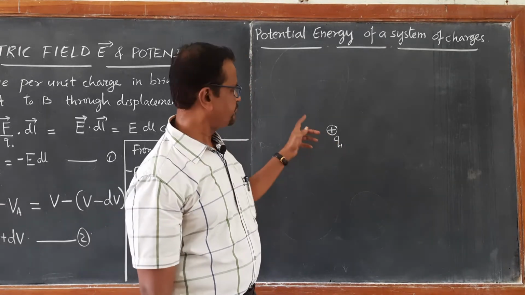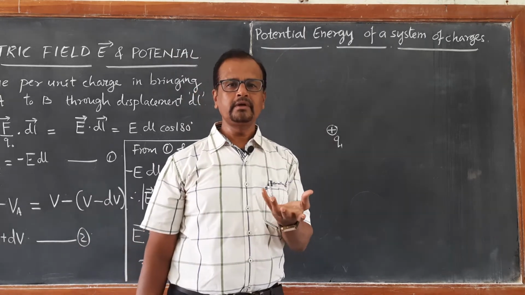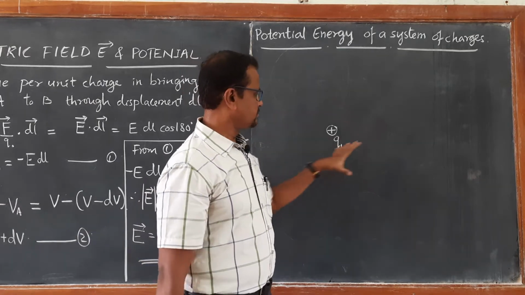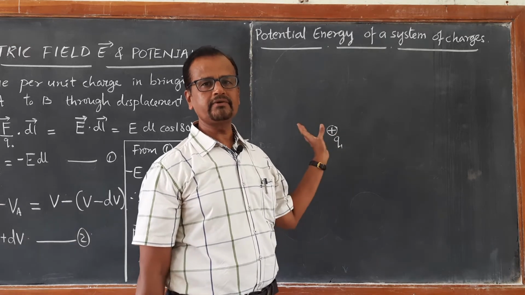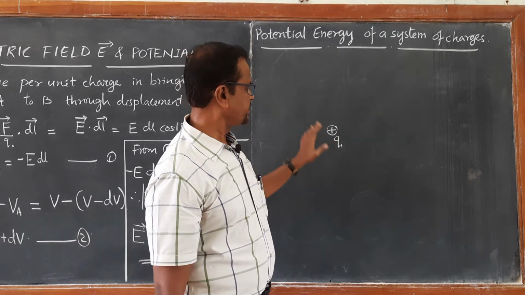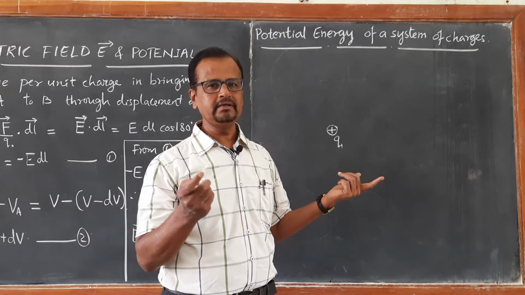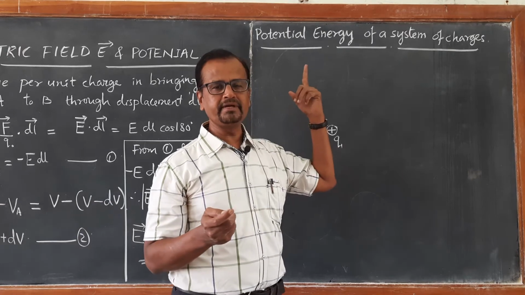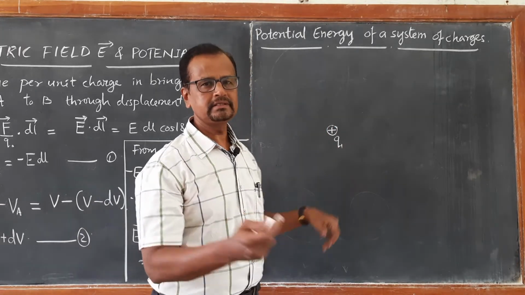So, potential energy of bringing this charge Q1 from infinity to this point at position vector R1 is 0, because presently there is no other source, there is no other field. So, we are bringing charge Q1 in field free space. So, work done in bringing the charge Q1 from infinity to this point at position vector R1 is 0.